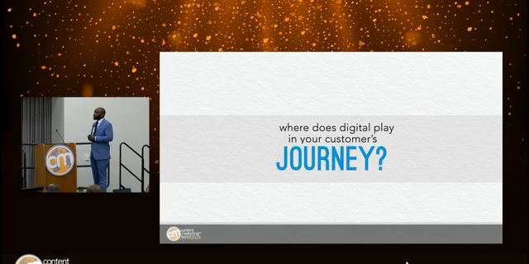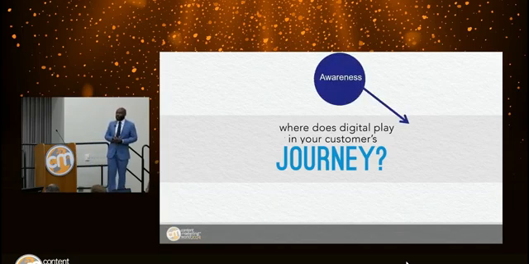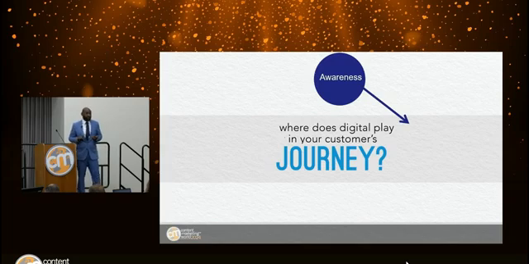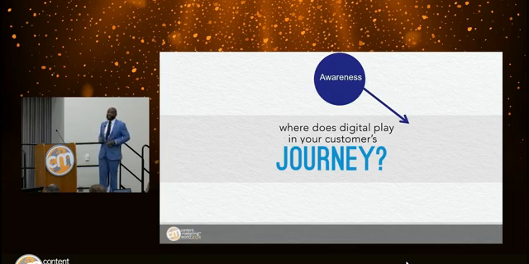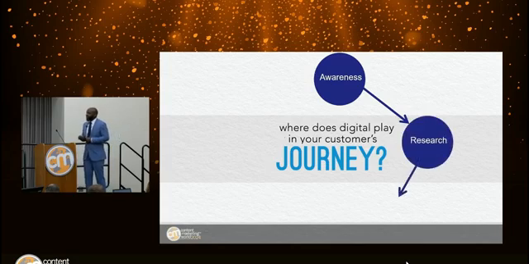Now, when it comes to digital marketing in general, of course, you want to understand the customer journey. In any tool that you use, you want to also think about at what point that tool plays a role in the customer journey. So when it comes to GA4, you have awareness and research.